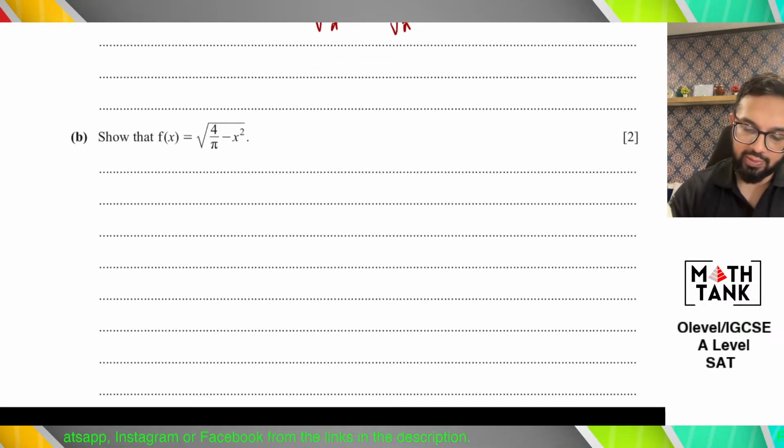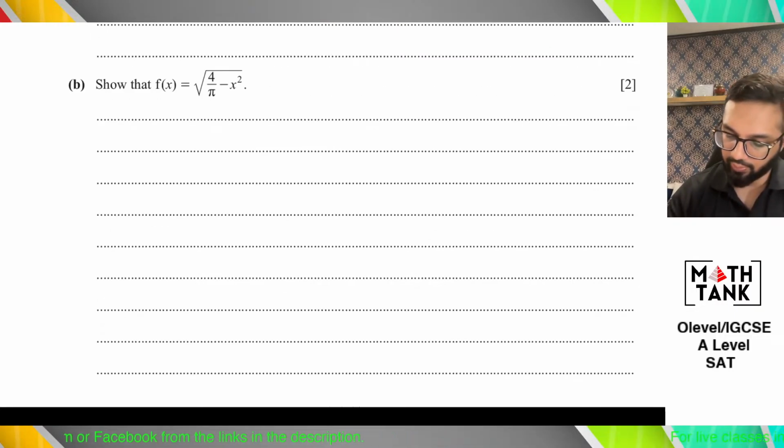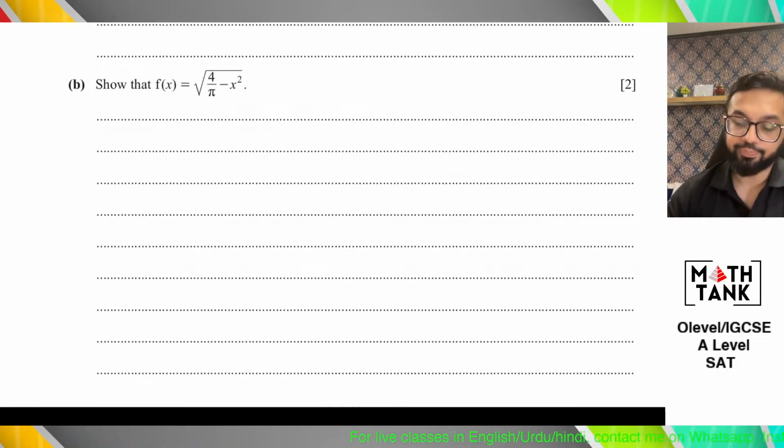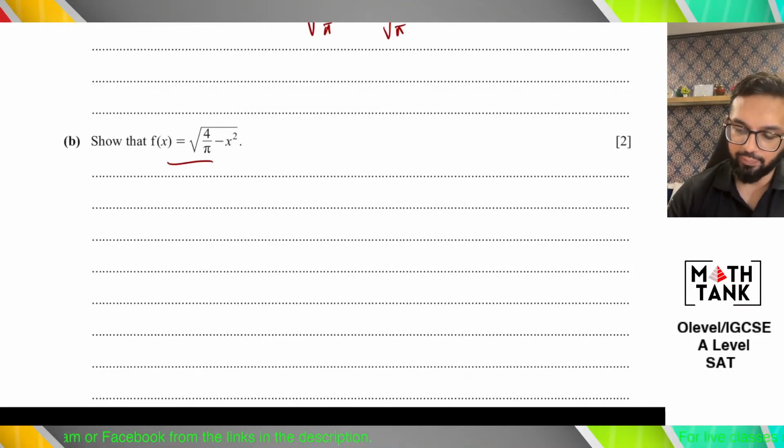Then show that f of x equals root of 4 over pi minus x squared. Okay, so this is the equation of a circle. The equation of a circle is x minus b whole squared plus y minus q whole squared equals r squared, which is a squared. A squared in this case would be 4 over pi.